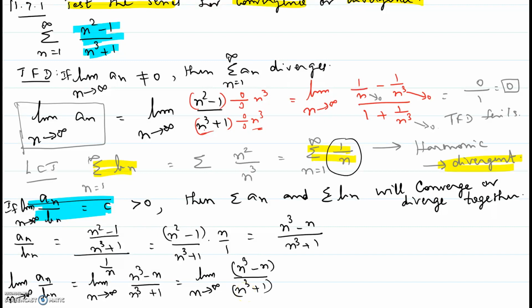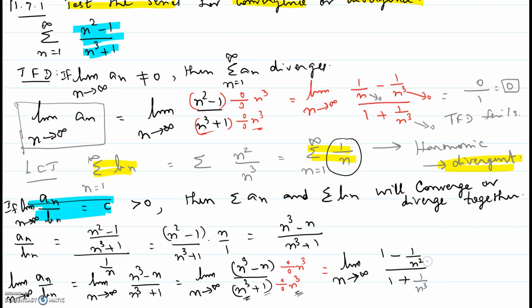We divide the numerator and the denominator by n cube, which is the highest exponent of the denominator. This gives the limit of 1 minus n over n cube, which is 1 over n square, divided by n cube over n cube, which is 1, plus 1 over n cube.